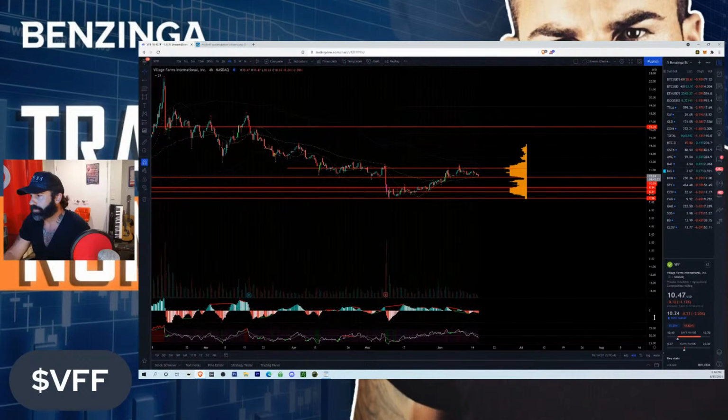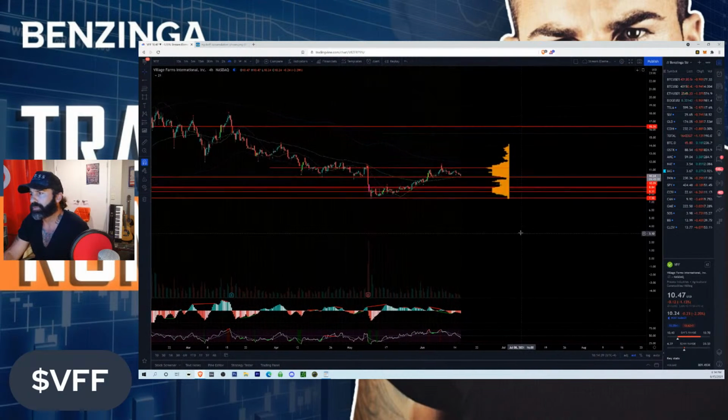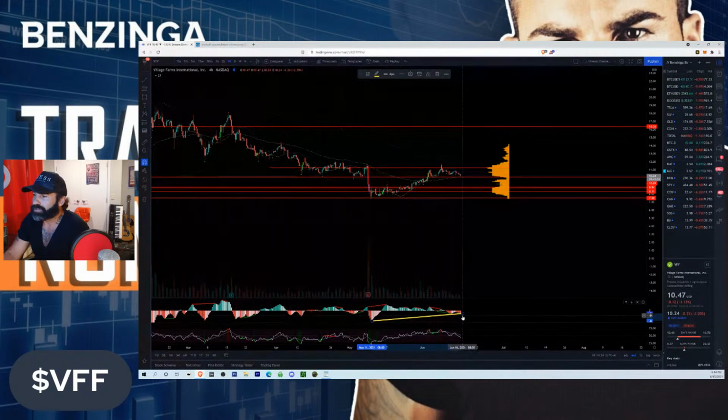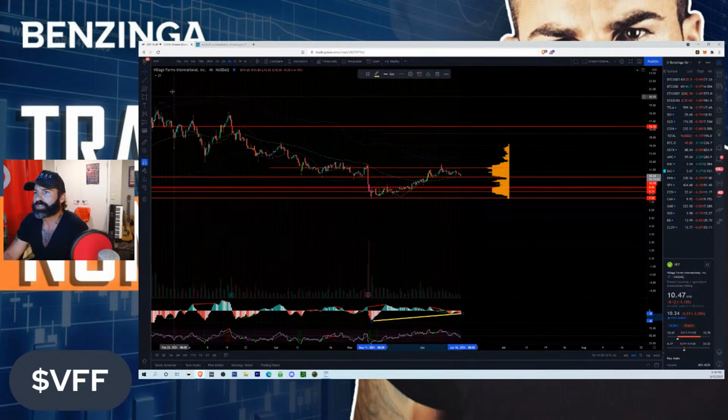But if we were looking for a confirmation that the upward momentum is going to continue, we want to see that negative momentum on the 4-hour chart start waning a little bit. And if it does, and we start to go back towards positive on the MACD, that would give you bullish convergence, which basically is just a continuation confirmation that says this upward movement after it consolidated is going to continue.